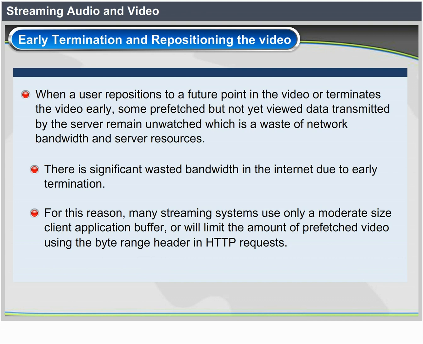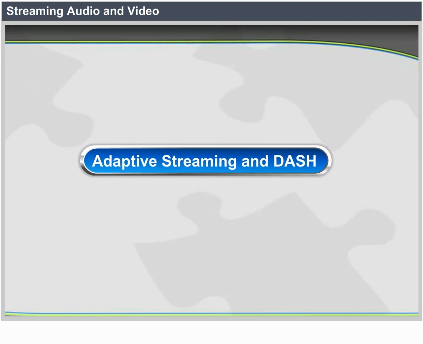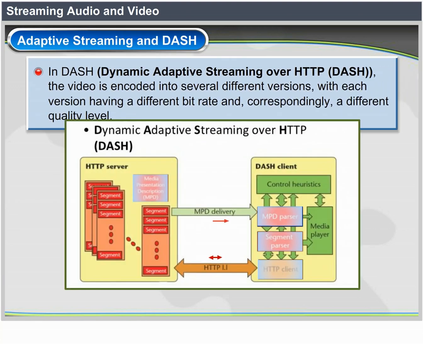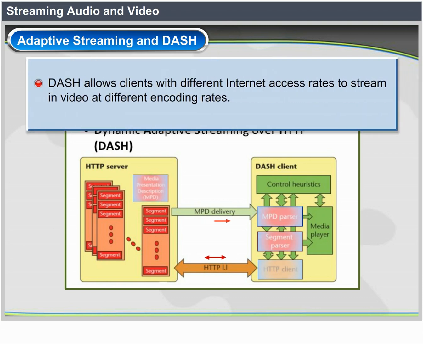Adaptive streaming and DASH. In dynamic adaptive streaming over HTTP, DASH, the video is encoded into several different versions, with each version having a different bit rate and, correspondingly, a different quality level. DASH allows clients with different internet access rates to stream video at different encoding rates.